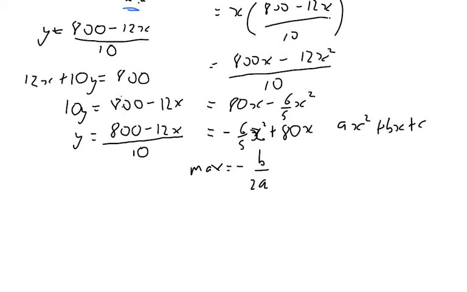And as you can see, it's going to be a maximum because we've got a negative quadratic. So our graph is going to look like this if we were to graph it, and we would have a maximum. That's what we're looking for. The way we find it is negative b over 2a, which equals negative 80 on 2 times negative 6 over 5.